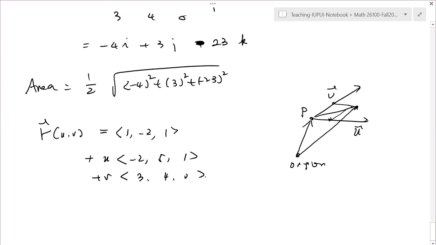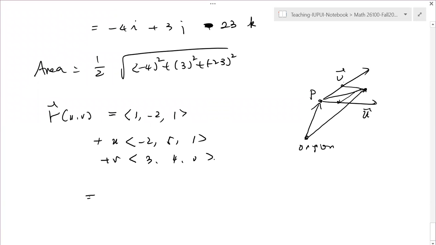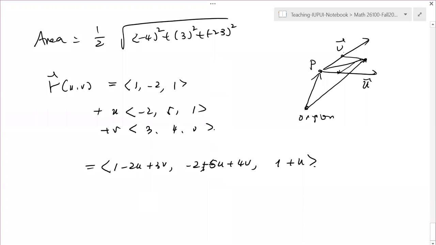So you can add them together. You get 1 minus 2U plus 3V, and -2 plus 5U plus 4V, and 1 plus U. Yeah, this is a parameterization for the plane spanned by those two vectors.